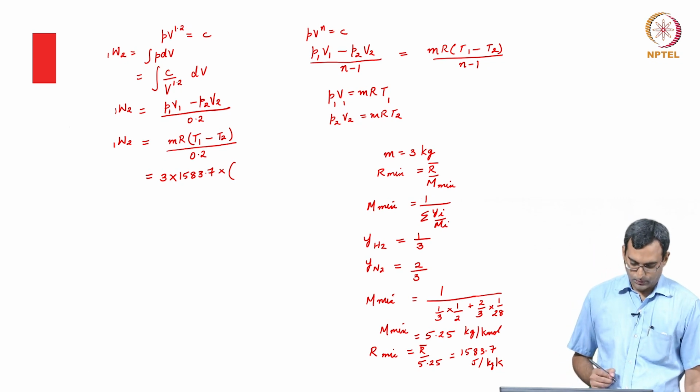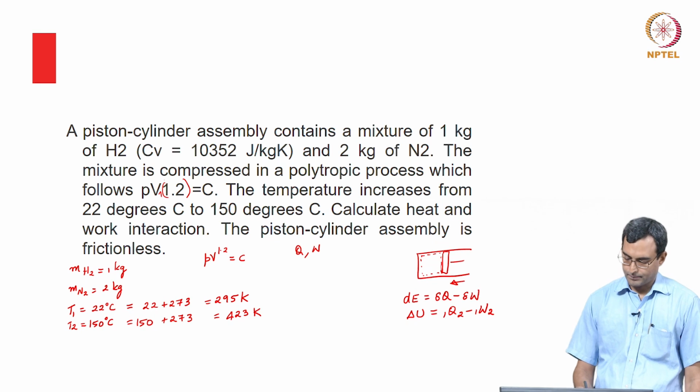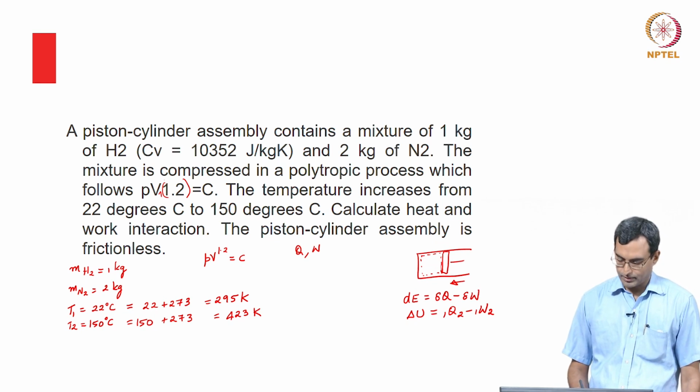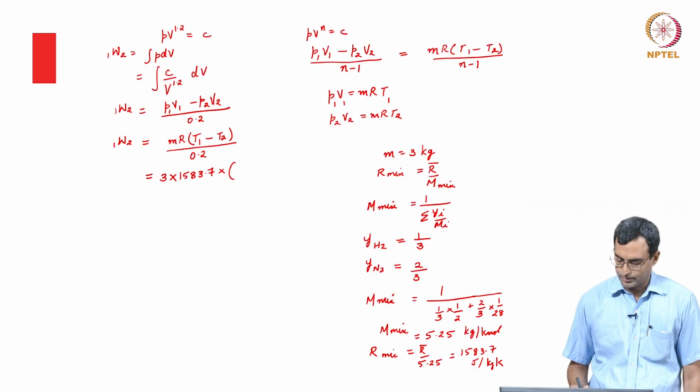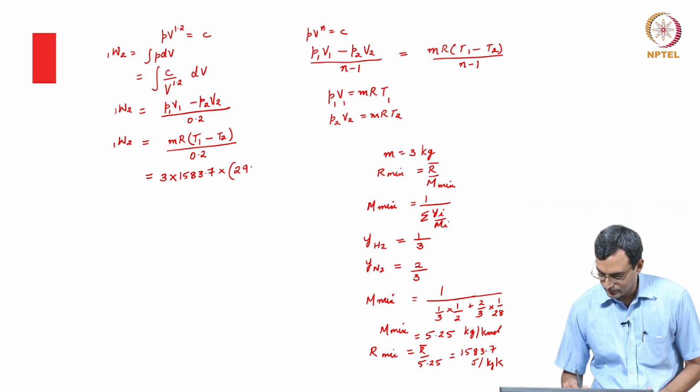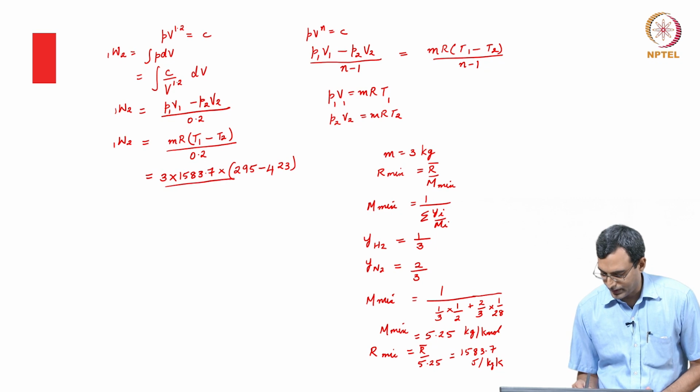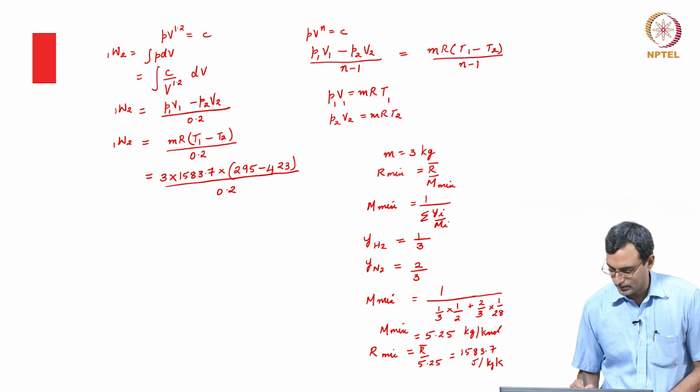So, what was given to us is that the initial temperature is 295, final temperature is 423, divided by n minus 1, which is in this case 0.2.